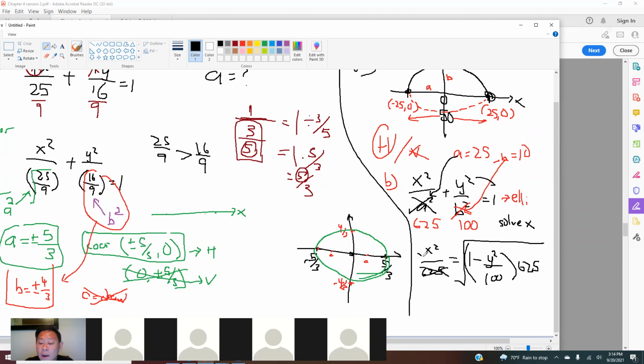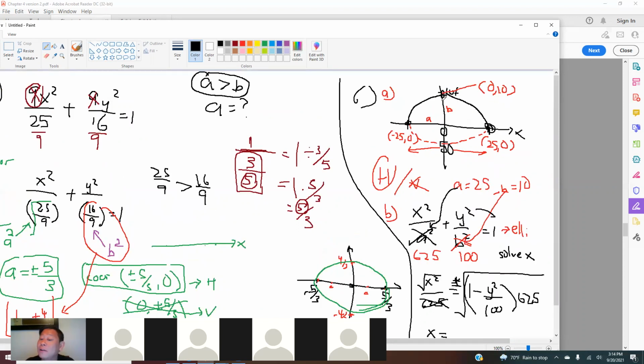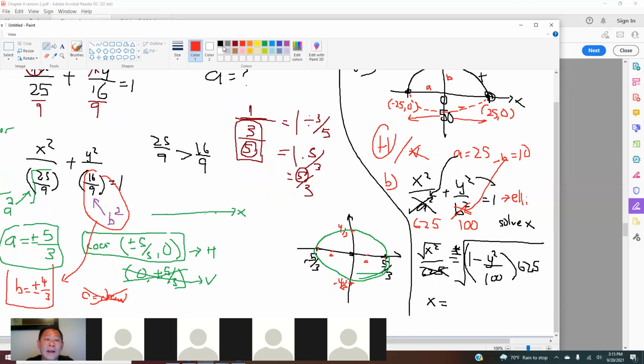Every time you take the square root, you need plus and minus. Which one should we take? It depends on the semi-ellipse. If you take this side, is that positive or negative? Positive. If you take the one going downwards, it's negative. So in this case, your answer will be the positive square root.